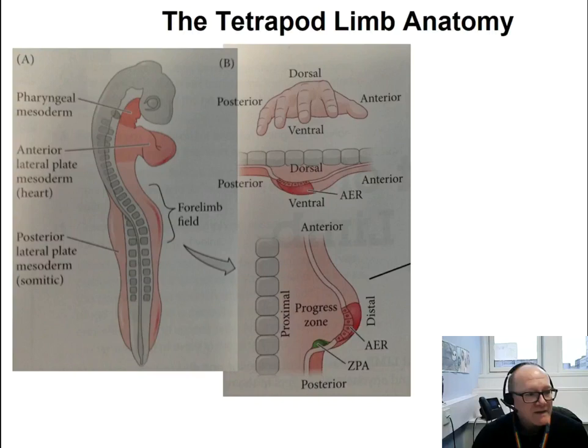Near the head, we have the cardiogenic mesoderm, the mesoderm that is producing the heart. Above that, nearer to the head, we have the pharyngeal mesoderm, which is around the region where the lungs are formed.